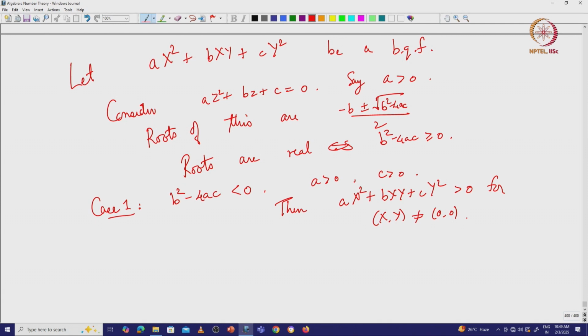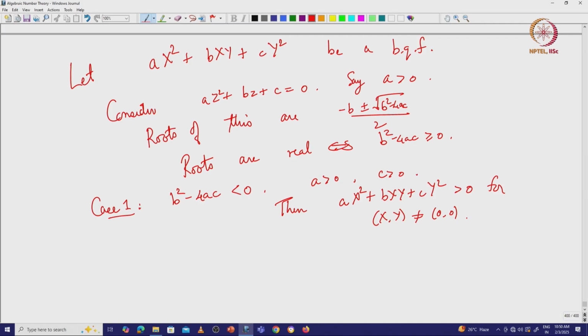And because we have no real roots, this thing will always be above the 0 line, right. So this is always positive.